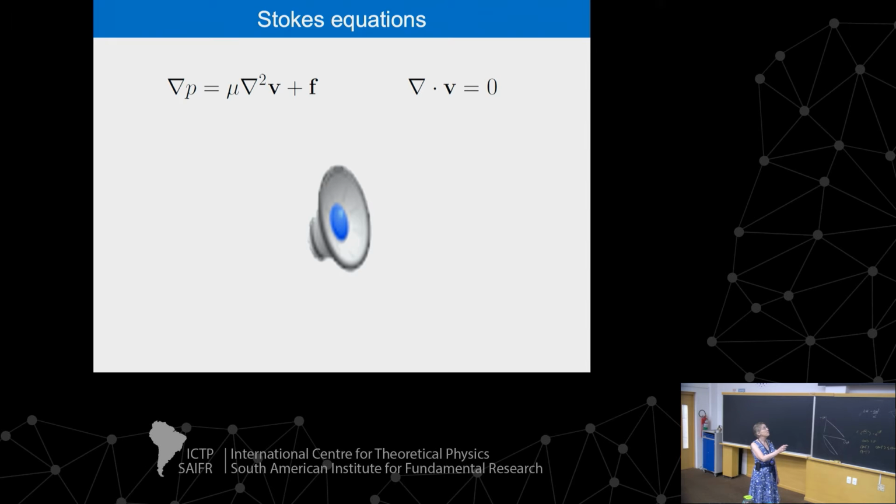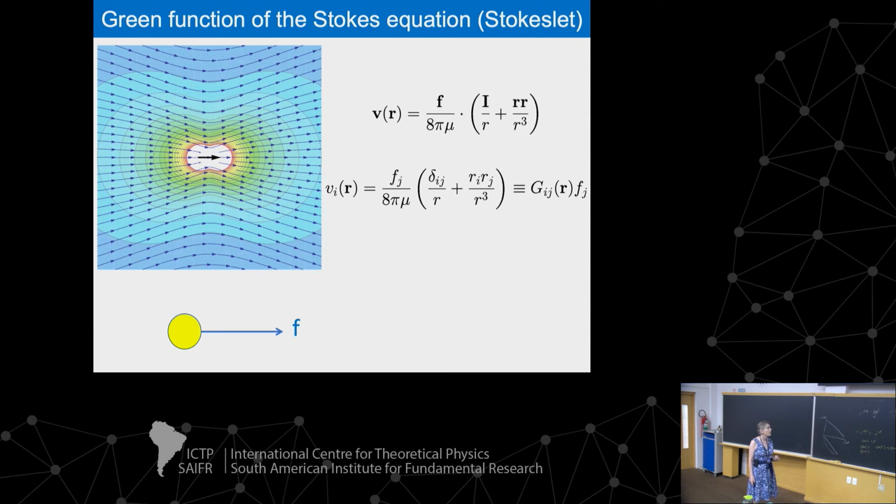Linear in V, they've only got a V in there. The nonlinear term went away when we got rid of the inertial terms. And that means I can add up various solutions to the Navier-Stokes equations, and it means I can do a multipole expansion, for anyone who knows what that is so far. Yeah. And it means I can define a Green's function.